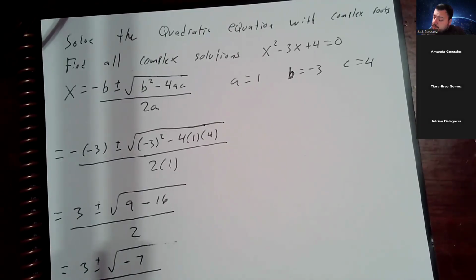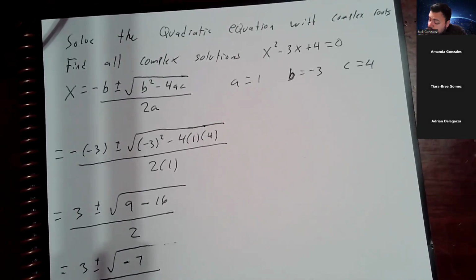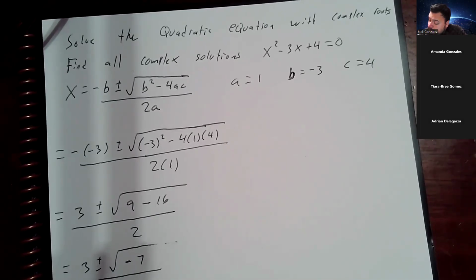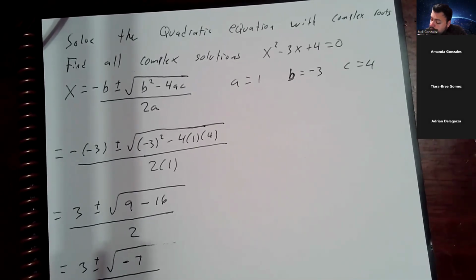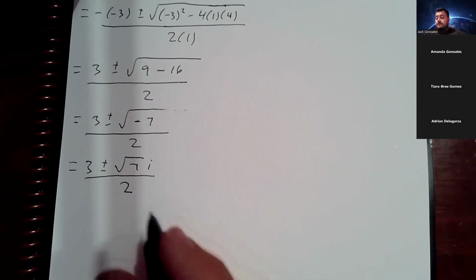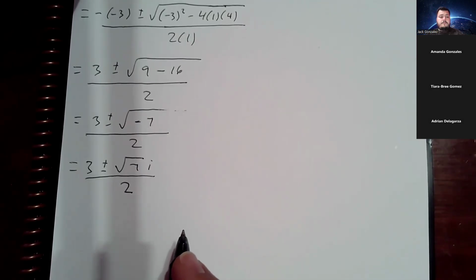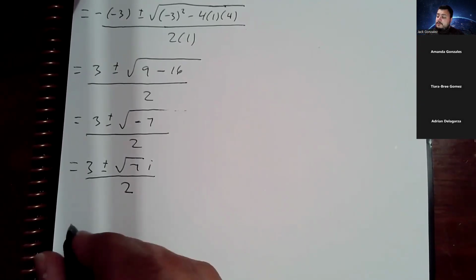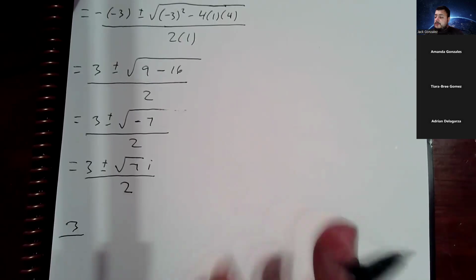So this is when the complex part shows up. So the solution will be 3, I think they can write it this way.